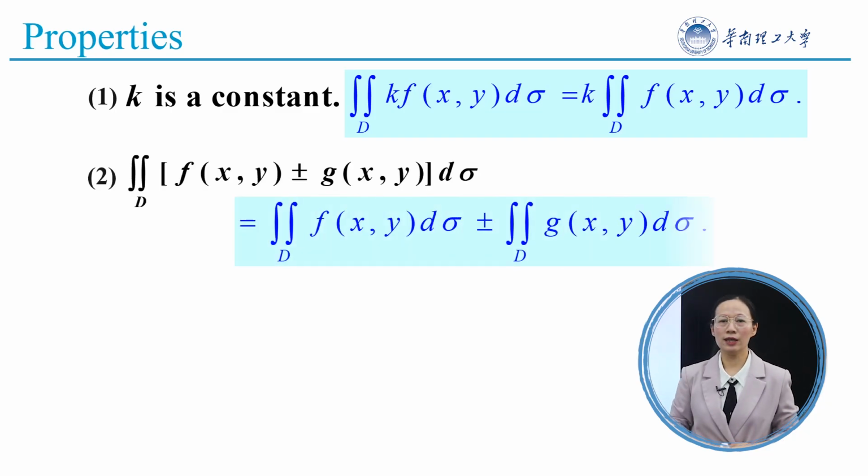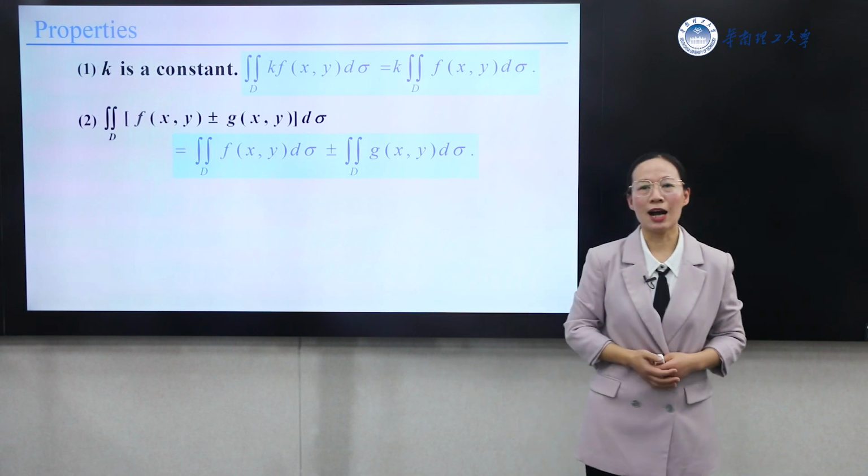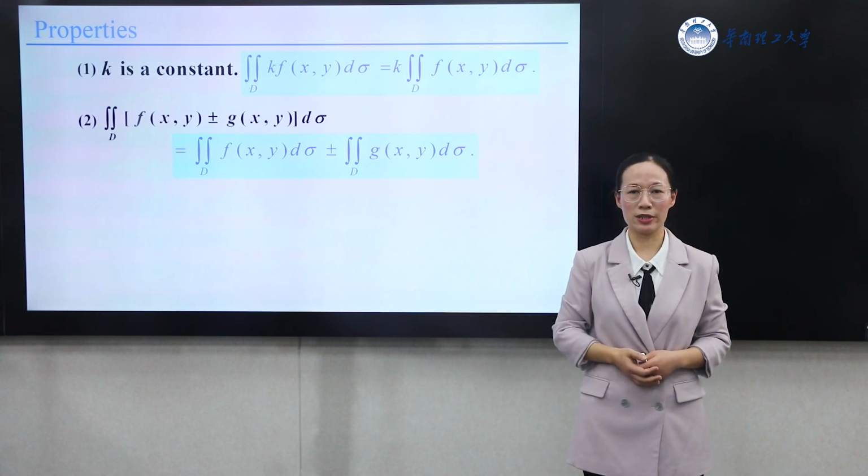The double integral of the algebraic sum of f(x,y) and g(x,y) over region D is equal to the algebraic sum of the double integral of f(x,y) over D and the double integral of g(x,y) over D. These two properties are called the linear properties.